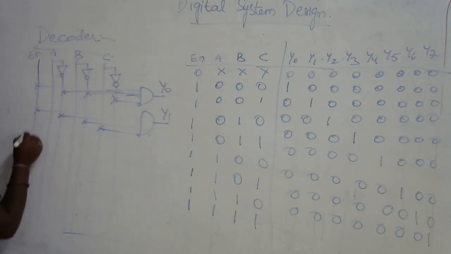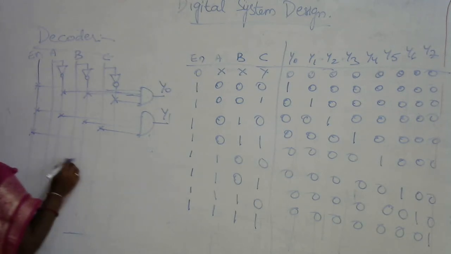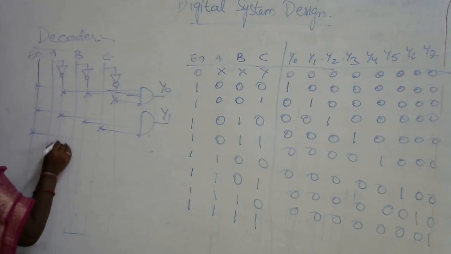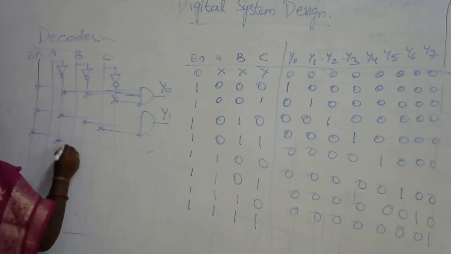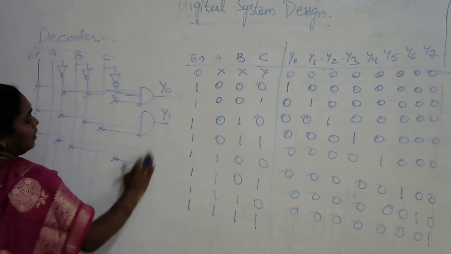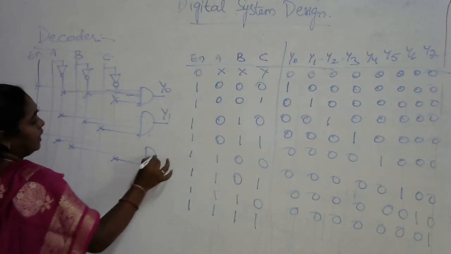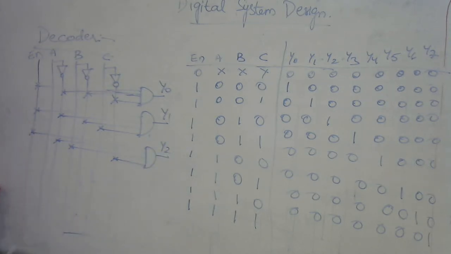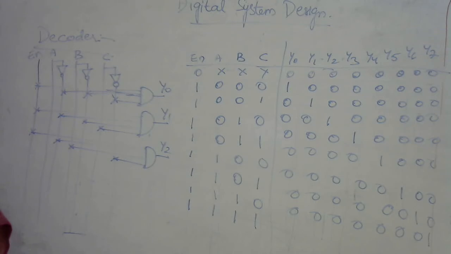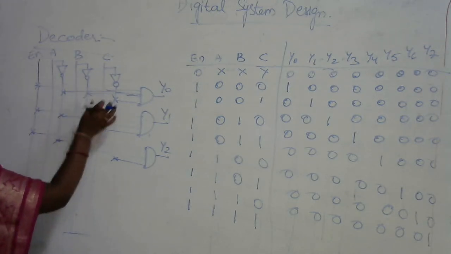Similarly for Y2, enable, A is 0, so it is A bar, B is 1, so B, C is 0, so it is C bar. All these four should be connected and this is Y2. Similarly, we need to draw Y3, Y4, Y5, Y6 and Y7. So we will get 8 gates from Y0 to Y7. Each AND gate consists of A, B, C as 3 inputs.